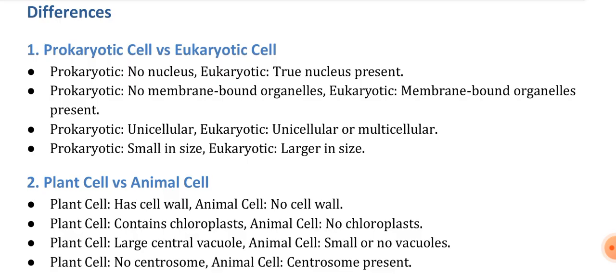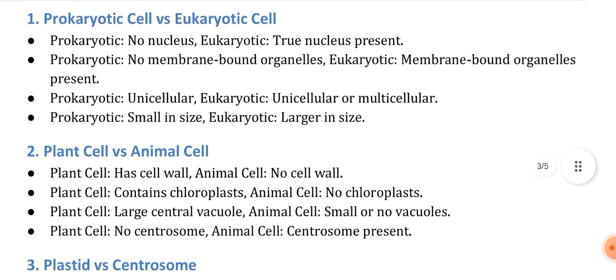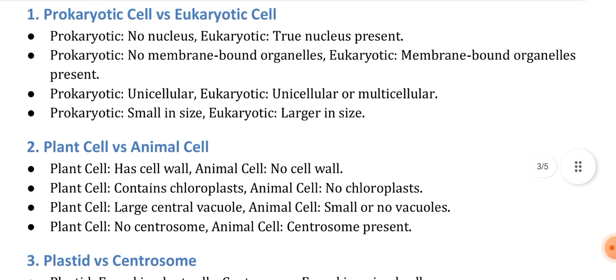But the organisms who possess eukaryotic cells, known as eukaryotes, may be unicellular or multicellular. So if the difference is asked between prokaryotes and eukaryotes, you should write this point. If it is about the difference between the cells, you can omit this point. The prokaryotic cell is mostly smaller in size in comparison to eukaryotic ones.